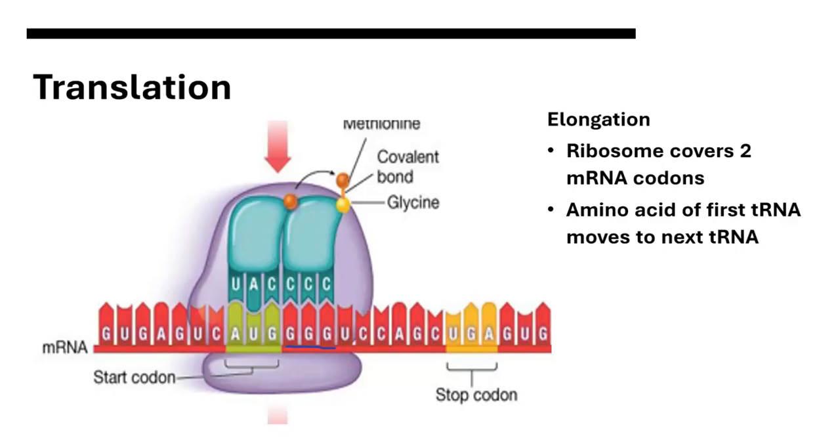So now we have glycine. The first amino acid moves over and attaches to glycine. So now our methionine is attached to glycine. We're starting to build our protein right here.